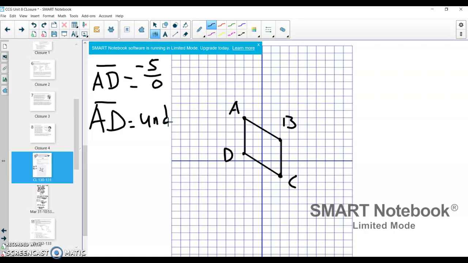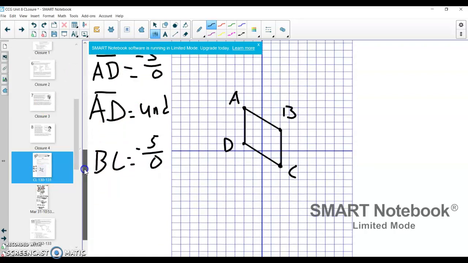Let's look at BC because it's kind of the same thing. BC has a rise of, again, if I go B to C, 1, 2, 3, 4, 5, of -5 and a run of 0. That's actually the same exact slope, so I know that they're parallel. The -5 over 0, I know that they're parallel.